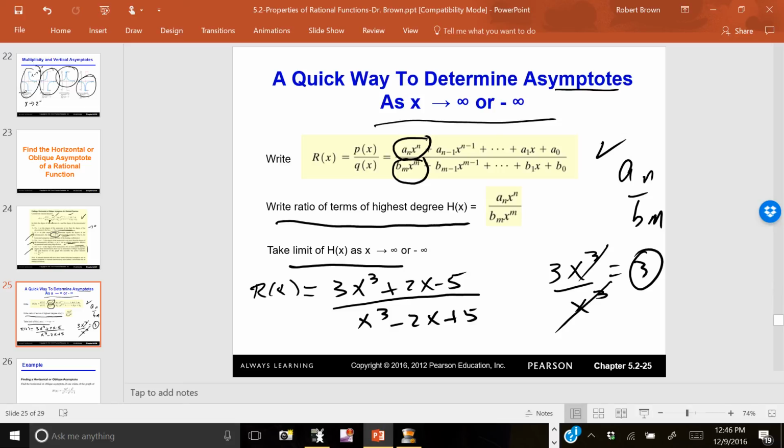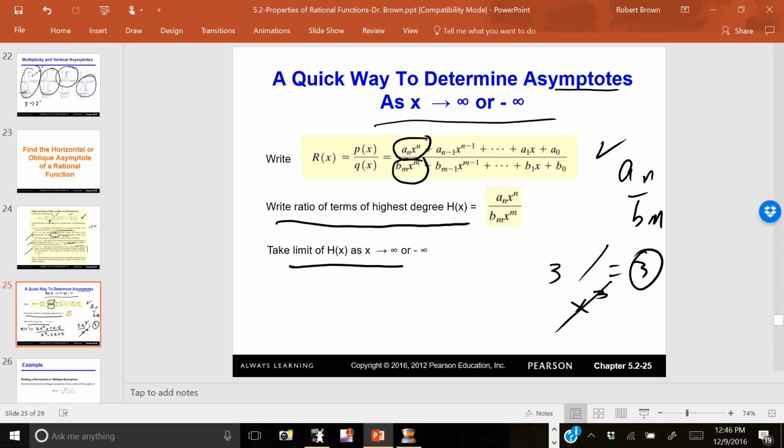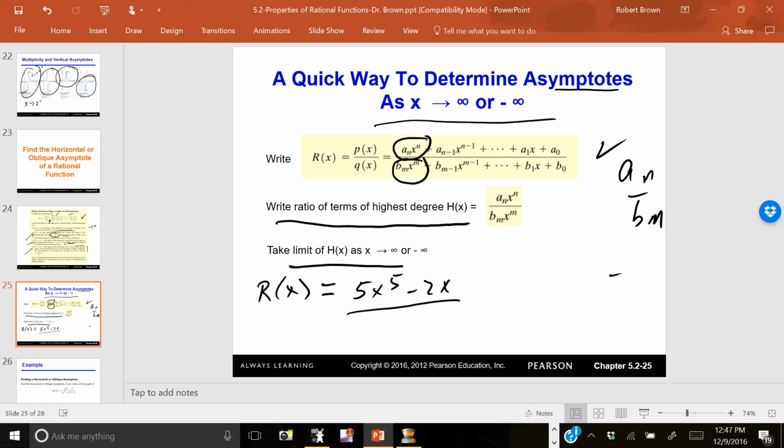On the other hand, if r of x was equal to 5x to the fifth minus 2x over x cubed plus 8x minus 10, if you write down the dominant terms, you get 5x squared.